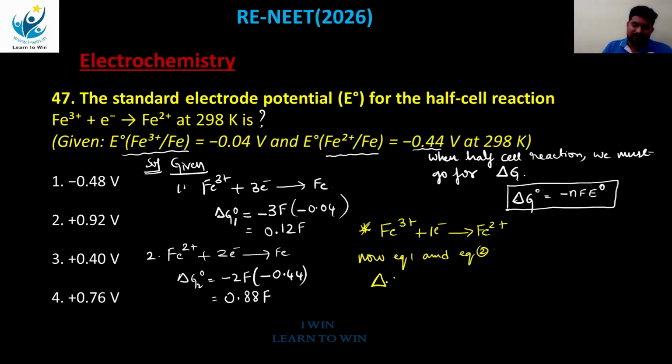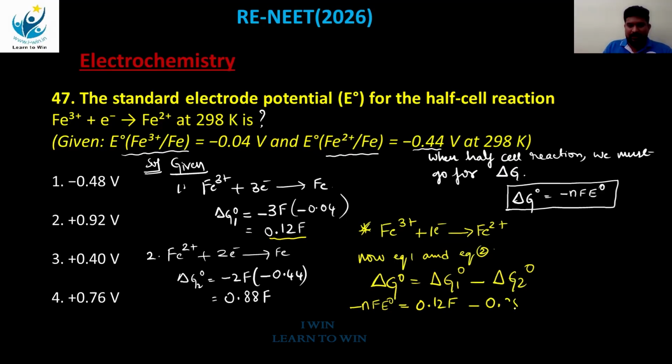Now, delta G naught of the given reaction is delta G1 naught minus delta G2 naught. Now, my dear students, look at this. I'm writing the formula for delta G naught that we are going to find out. So minus nFE naught is equals to the given value that we have got in the equation for the first one, that is 0.12F minus the second delta G2 naught value, that is 0.88F.